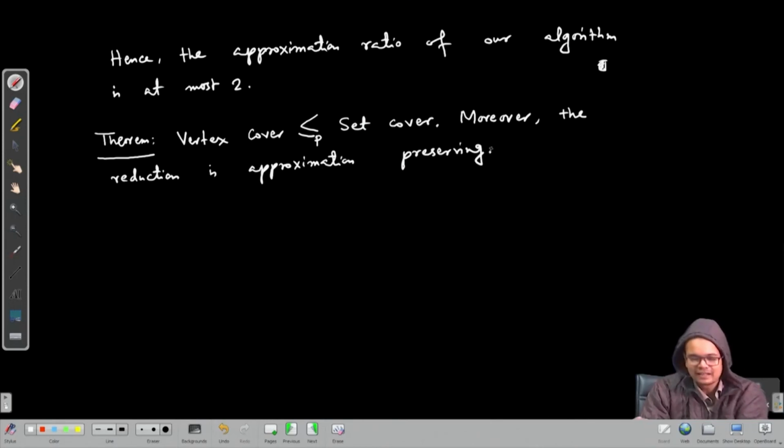What do I mean by that? Intuitively speaking, if the reduction is approximation preserving, and if we have an alpha factor approximation algorithm for set cover, then using this reduction I can obtain an alpha factor approximation algorithm for vertex cover.